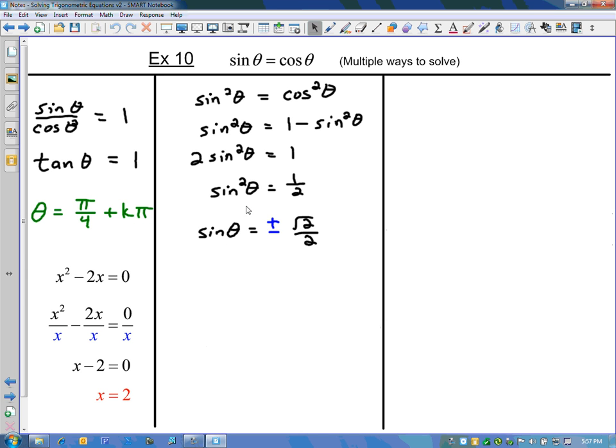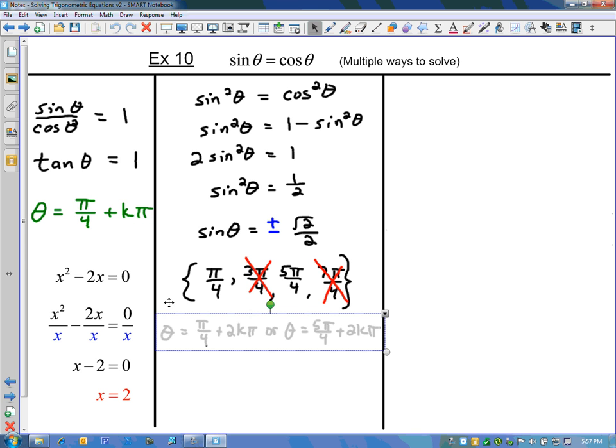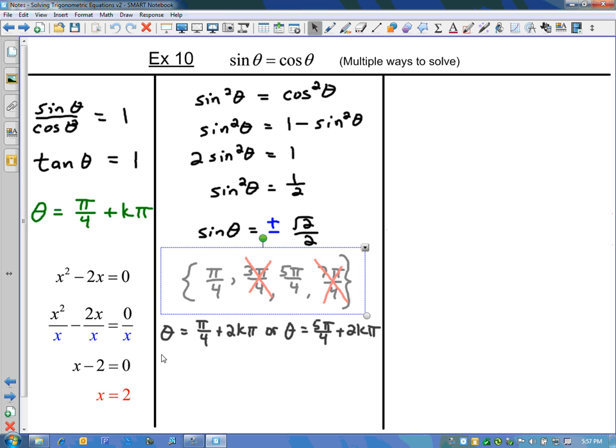And from these equations, I can get 4 answers, but when I check the answers, this is all within the first period. I can get four angles within the first period, but 2 of them are extraneous. So therefore, it's only pi over 4 and 5 pi over 4. So our general solution is going to be theta is pi over 4 plus 2k pi, or theta is 5 pi over 4 plus 2k pi.